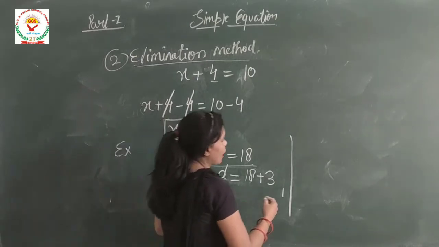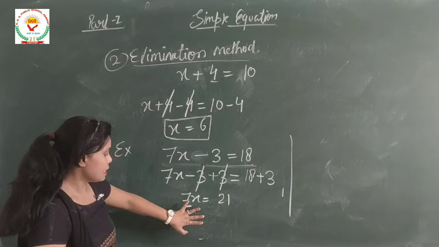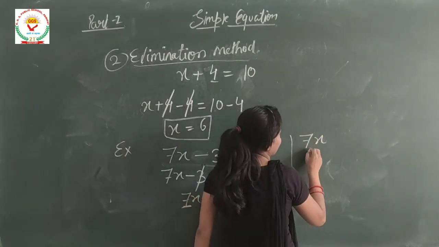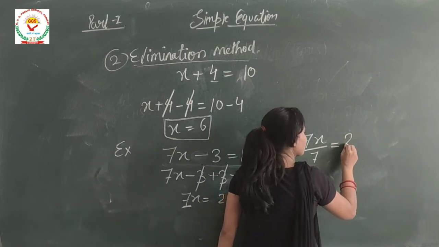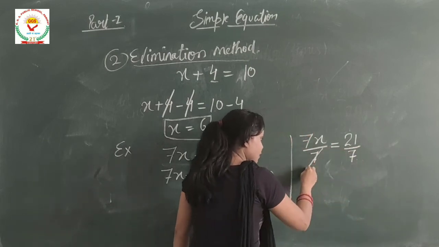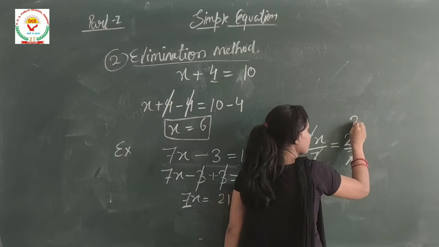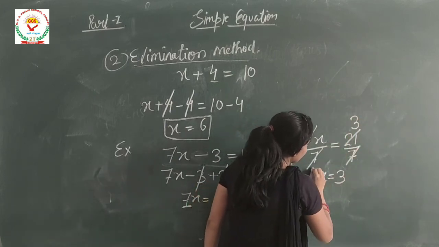So we will divide both sides by 7. So 7x divided by 7 is equal to 21 divided by 7. 7 cancels, 7 1s are 7, 7 3s are 21. So from here we get x is equal to 3.